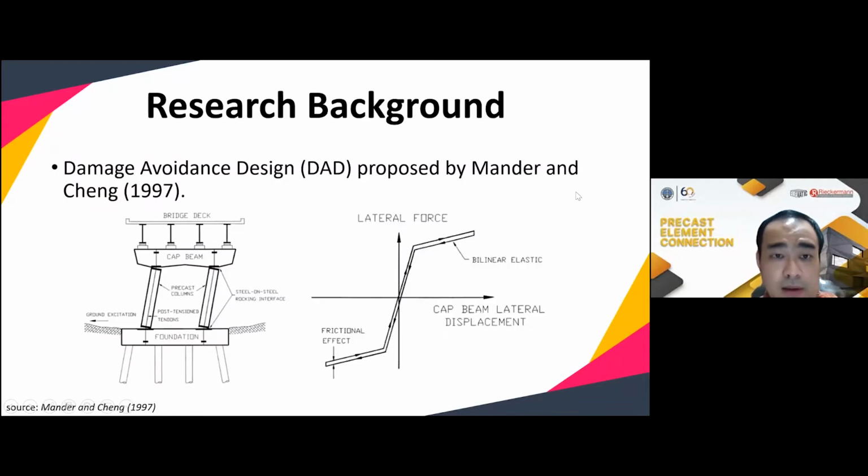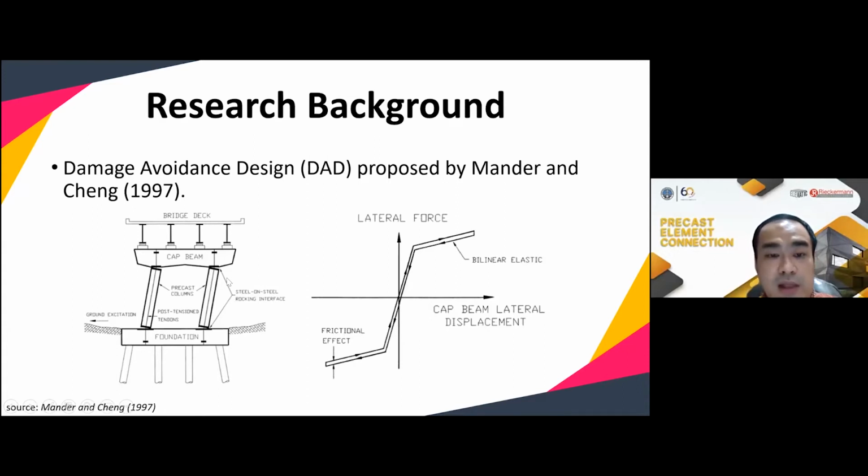After that, Professor Mander, I think those of you who are doing research in concrete must know this name, Professor Mander and his student Chang. They proposed a damage-avoidance design concept. They want to prevent the damage that happens in the rocking system by putting steel-on-steel rocking interfaces.